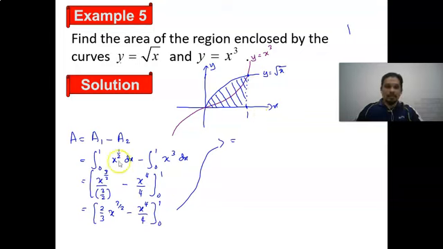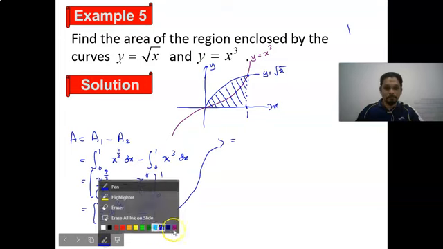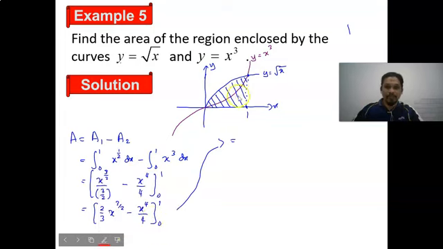So this is the area of x to the power of half dx, or square root of x dx, the area of all this, minus this one here, meaning the area under the second curve, y equal to x cubed. The whole area of this minus this area, then you get the area between these two curves.